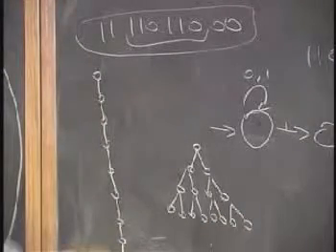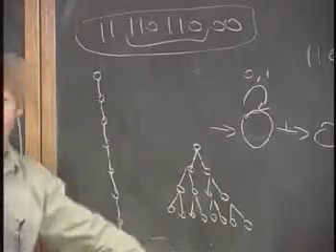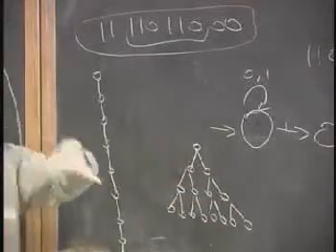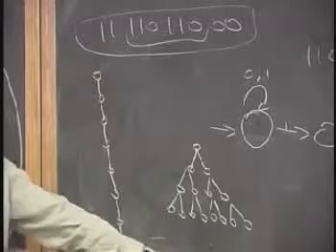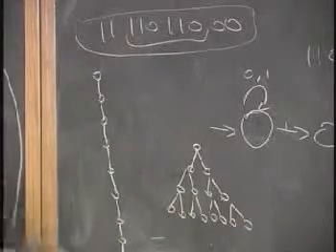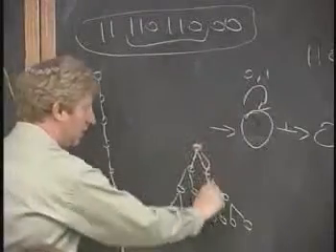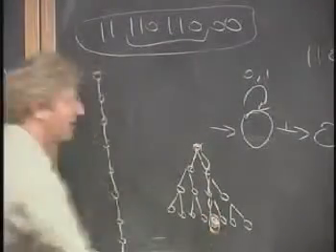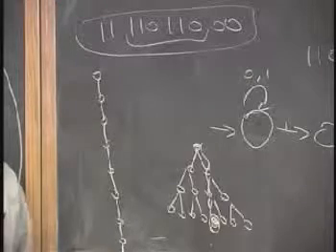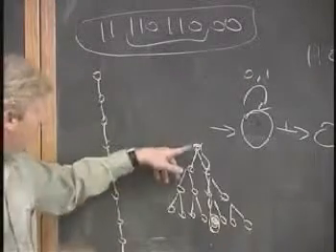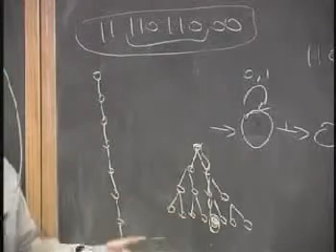A computation for a non-deterministic machine looks like a tree. A tree represents kind of all the parallel computations that can be going on at the same time. When do you accept the string? If there's a path from the start somewhere down that ends in a final state. If any of them end in a final state. When do you not accept a string? When all the paths from the root to the bottom have no final states.